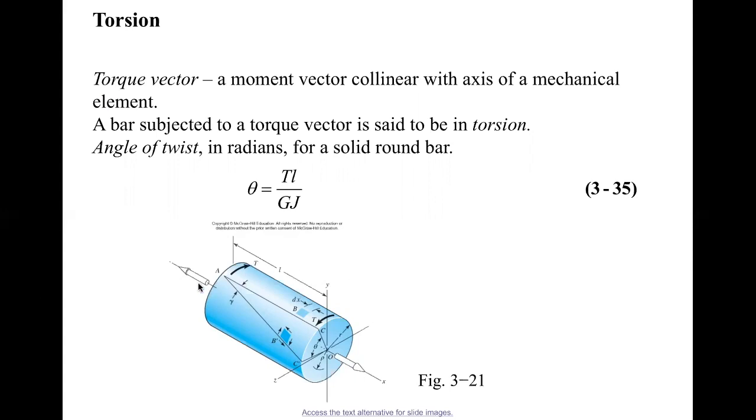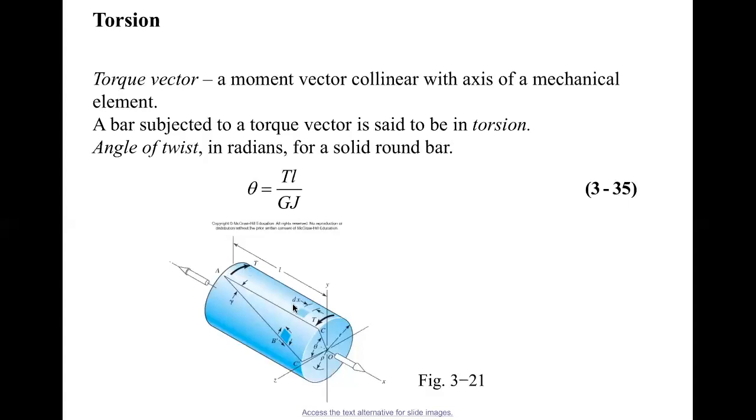It goes in the negative X direction. And on the right-hand side, T goes the opposite way, and the direction of this torque is positive X. So eventually, this shaft is under equilibrium condition, because this torque is positive and this torque is negative.